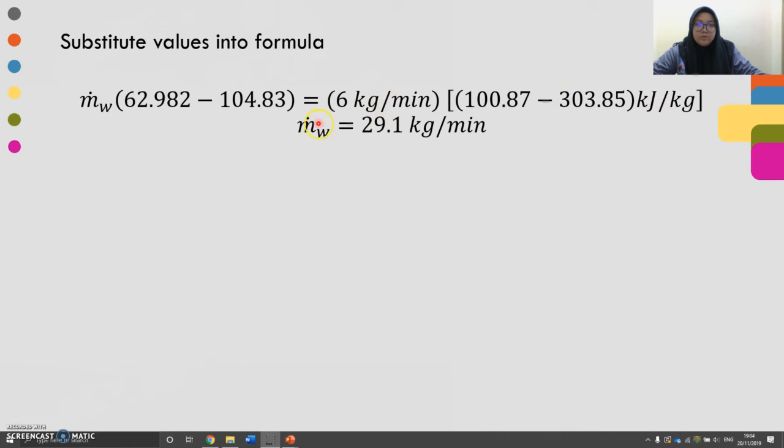Because there's only one unknown here, m dot water, when we do the calculations, we get m dot water equal to 29.1 kg per minute. So that is the answer for question A.